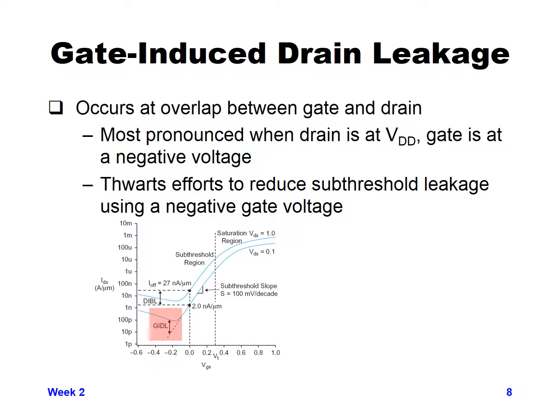So this effect will actually thwart some of the efforts to reduce the sub-threshold leakage, where people were trying to use negative gate voltages to reduce their leakage, and then they saw increased leakage due to this effect. You have to be aware of this effect when you're trying to counteract other leakage effects.